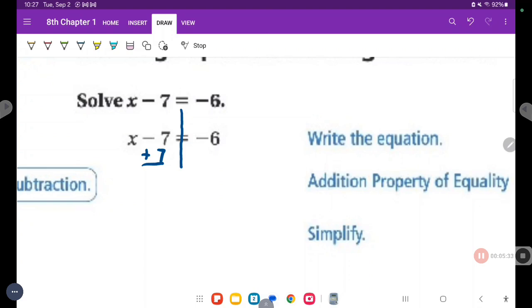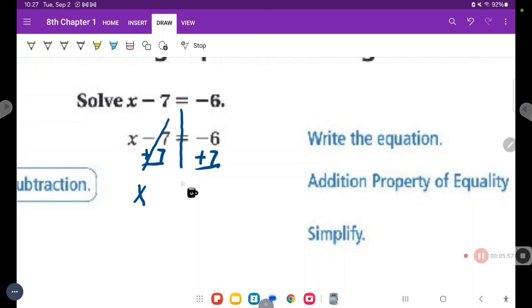So just like we talked about, to keep it balanced, if I add 7 on the left, I need to add 7 on the right. If I add something on one side, I have to add the same thing on the other. Okay? Now on the left side, this will cancel out.